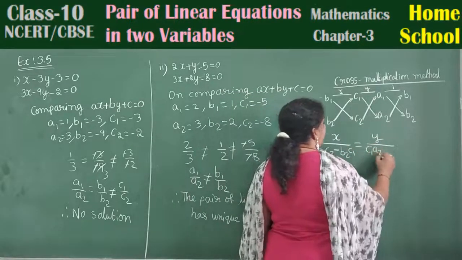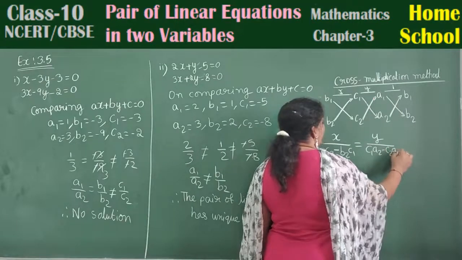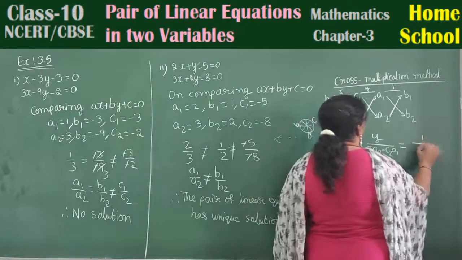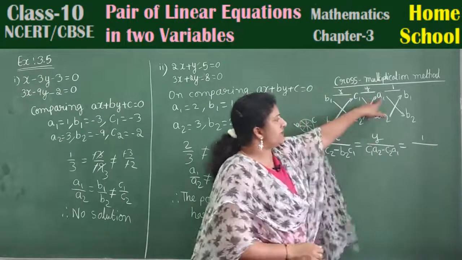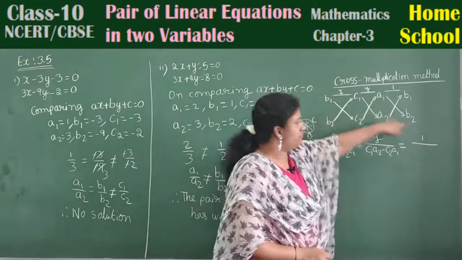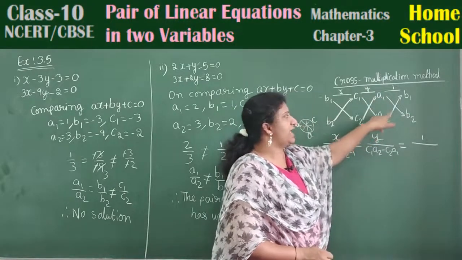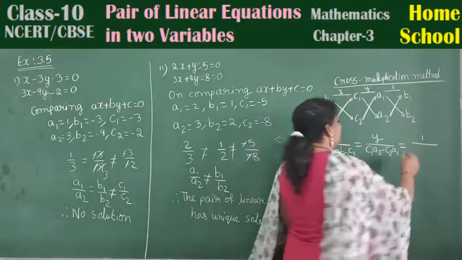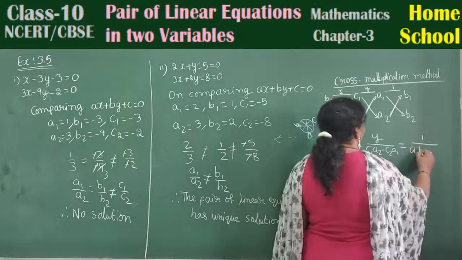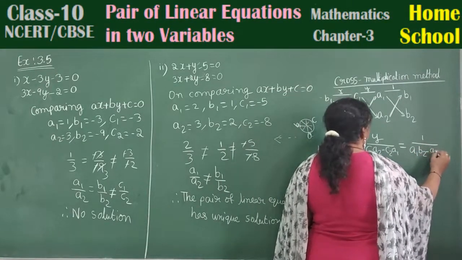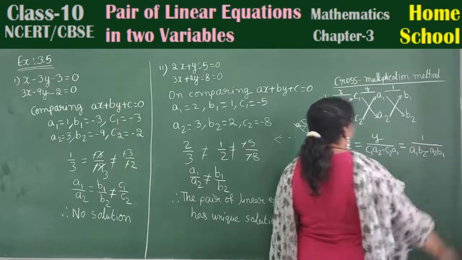C1, A2 minus C2, A1 is equal to 1 by, again start from here, A1, B2 minus A2, B1. A1, B2 minus A2, B1.